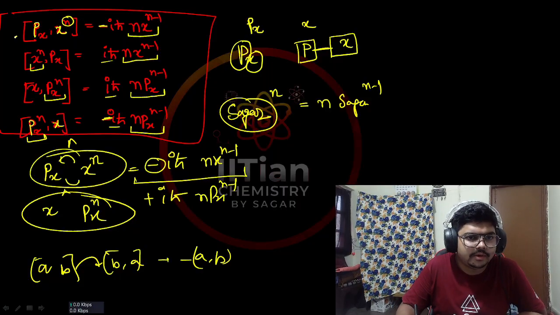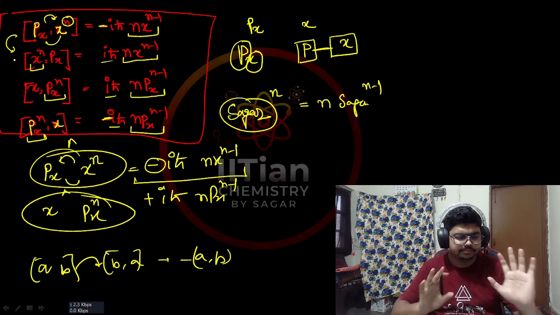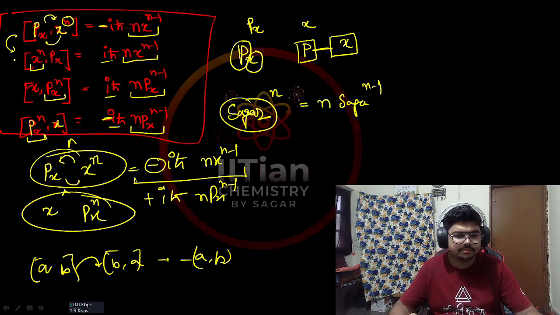So [A, B] equals minus [B, A]. From here to here I have just changed the order, then the negative sign disappears, negative to positive, positive to negative. So clear, no issues, no problems.